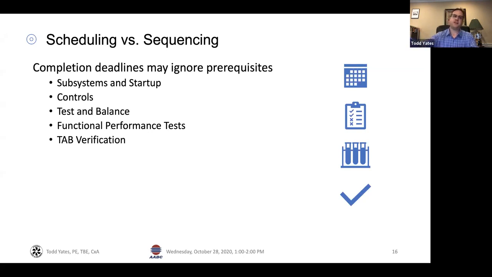So now we've done the test and balance. The commissioning provider is working on their functional performance test. How do we integrate TAB verification? Sometimes it's easy for that to sneak up on us or for us to forget that we have to do it. We're done. We've submitted a report. We're away from the project. Then we get a call back to come and do the TAB verification. Part of our contract, part of our scope of work.